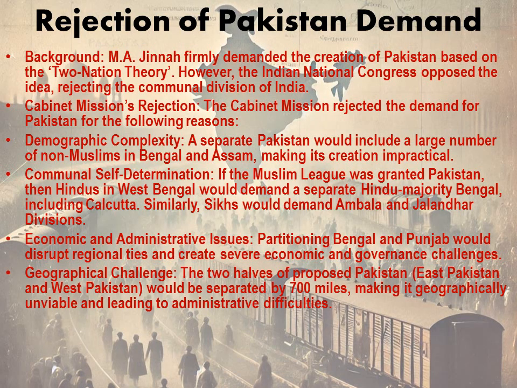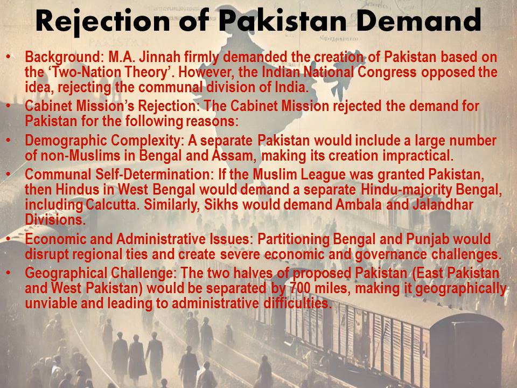Geographical challenge. The two halves of the proposed Pakistan, East Pakistan and West Pakistan, would be separated by 700 miles, making it geographically unviable, leading to administrative difficulties. So one part of Pakistan will be West Pakistan, which will be in the northwestern part of the Indian subcontinent, and another part will be in the east.